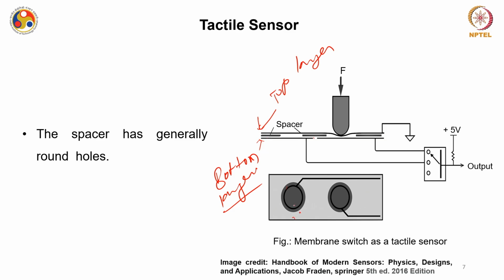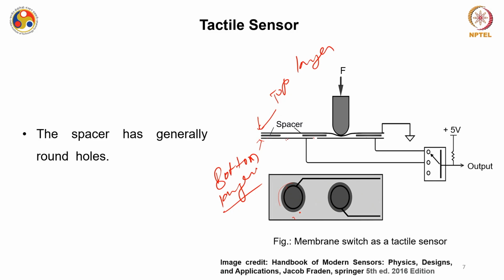Usually the spacer has this shape, but it is not a hard and fast rule. It can be of different sizes. These films or foils are usually fabricated by MEMS processes by etching the layers.